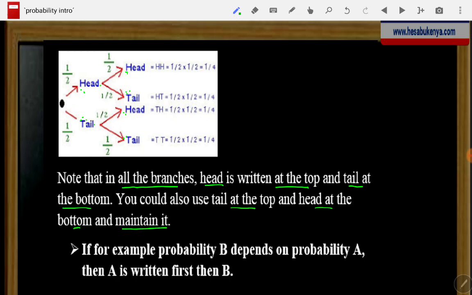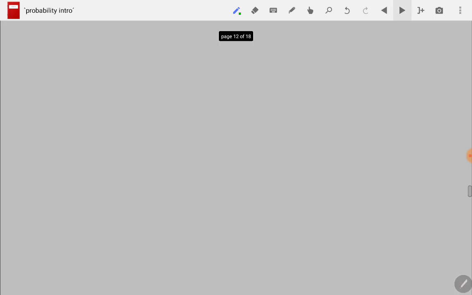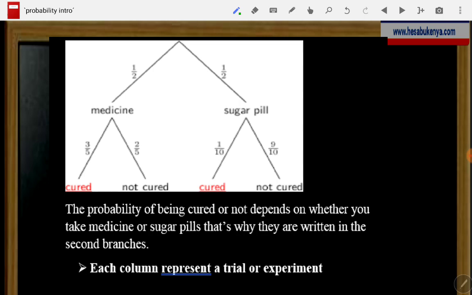The third hint is that if, for example, probability B depends on probability A, then A is written first, then B. For example, the probability of being cured or not depends on whether you take the medicine or sugar pills.